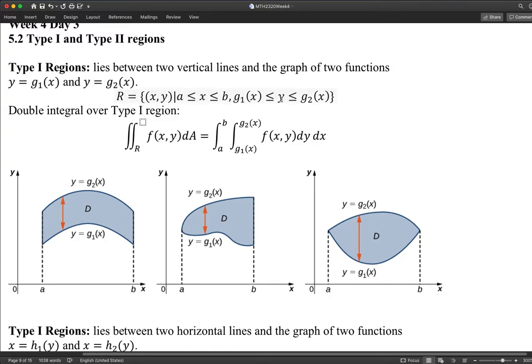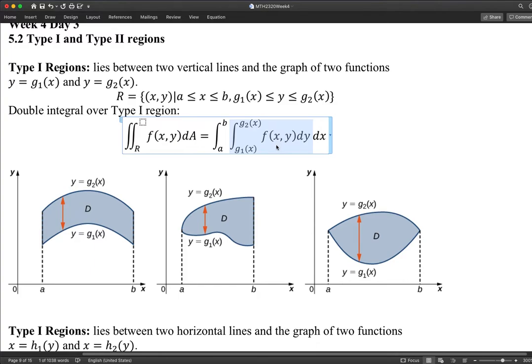Okay, y is bounded by g1 and g2. And then accordingly, for a double integral over a type 1 region, it is always the case you are going to evaluate the double integral in terms of y first, then x. Let me see if I can highlight the so-called inner integral. Yes, I can. This is the inner integral I'm talking about.